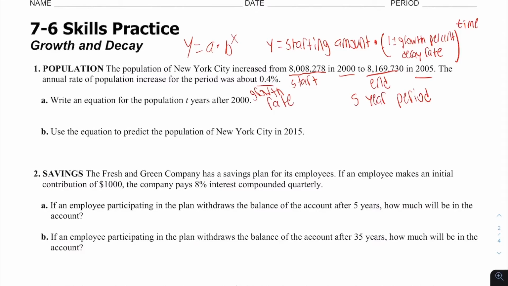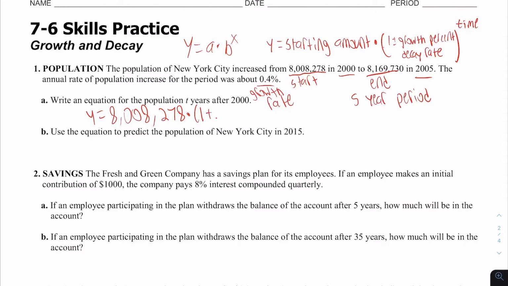So we're going to start with y equals the starting amount times 1 plus the growth rate, 0.4%.